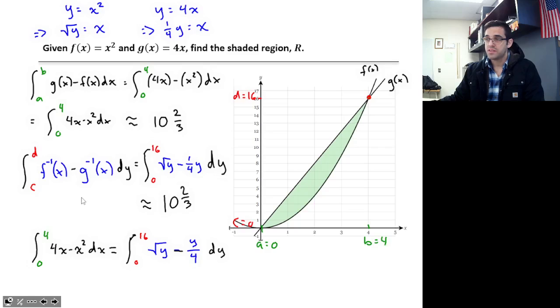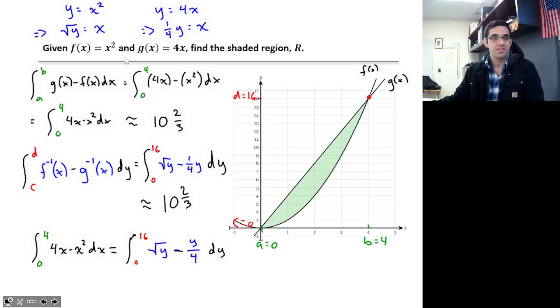If I integrate with respect to y, we're saying, okay, what's the area to the left of the curve? So we'll go from intervals of y values c to d, which again I can read from the graph. C would be 0, d would be 16. The right curve would be f of x, and the left curve would be g of x. So our integral of y values c to d would be f inverse minus g inverse with respect to y.